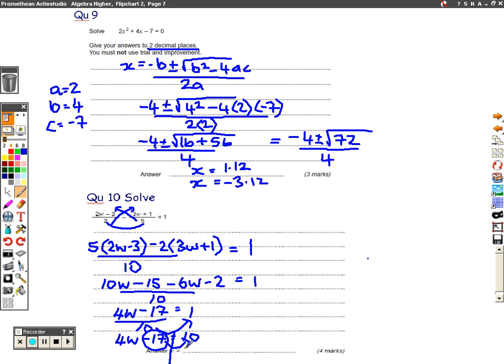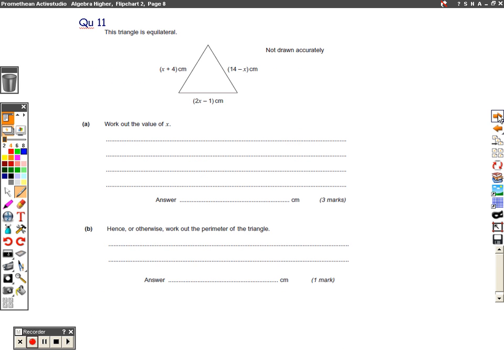So 4w is going to be equal to 17 plus your 10 gives you 27. w is going to be equal to 27 divided by your 4, which gives you an answer of 6.75. Okay. If you need to go back, rewind the video tutorial and have a wee look at it again, a wee bit slower.